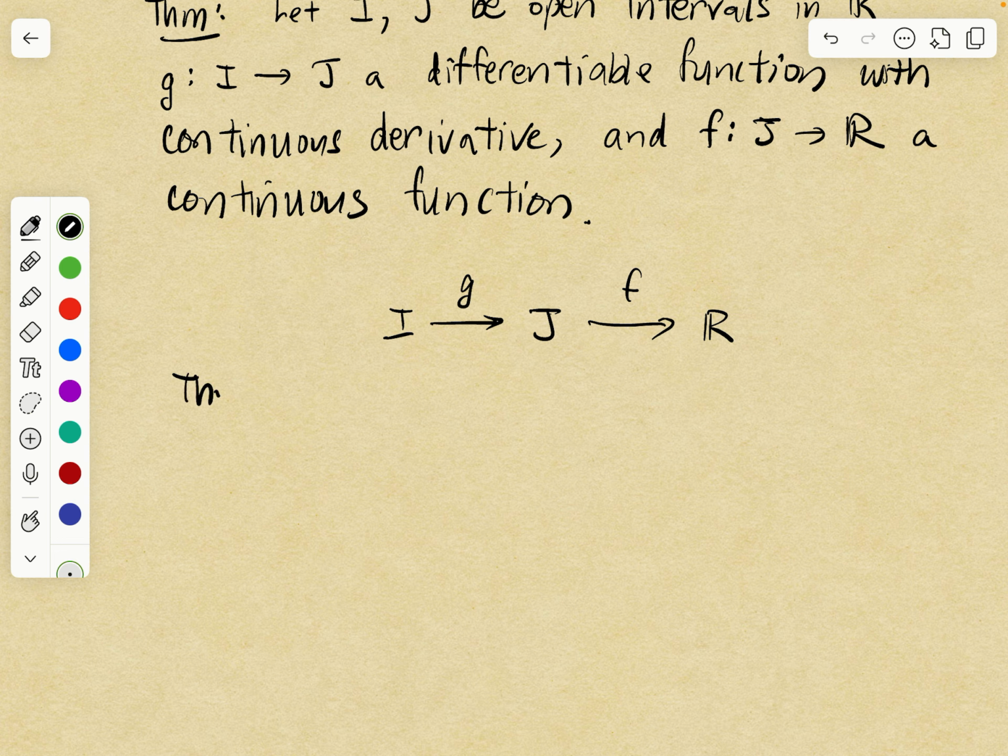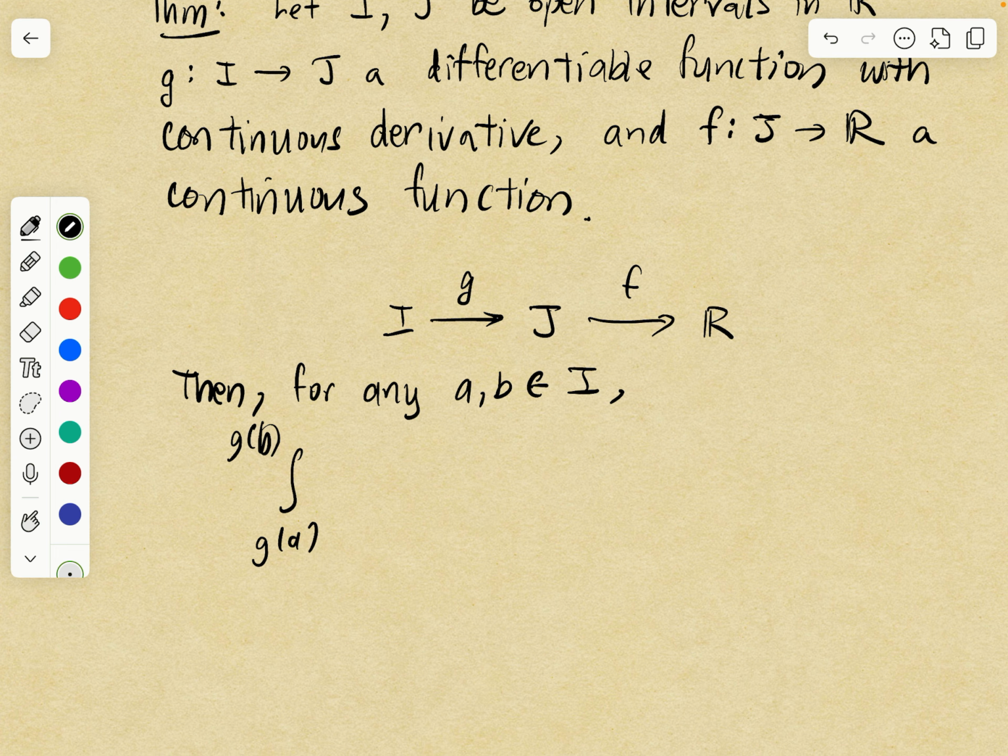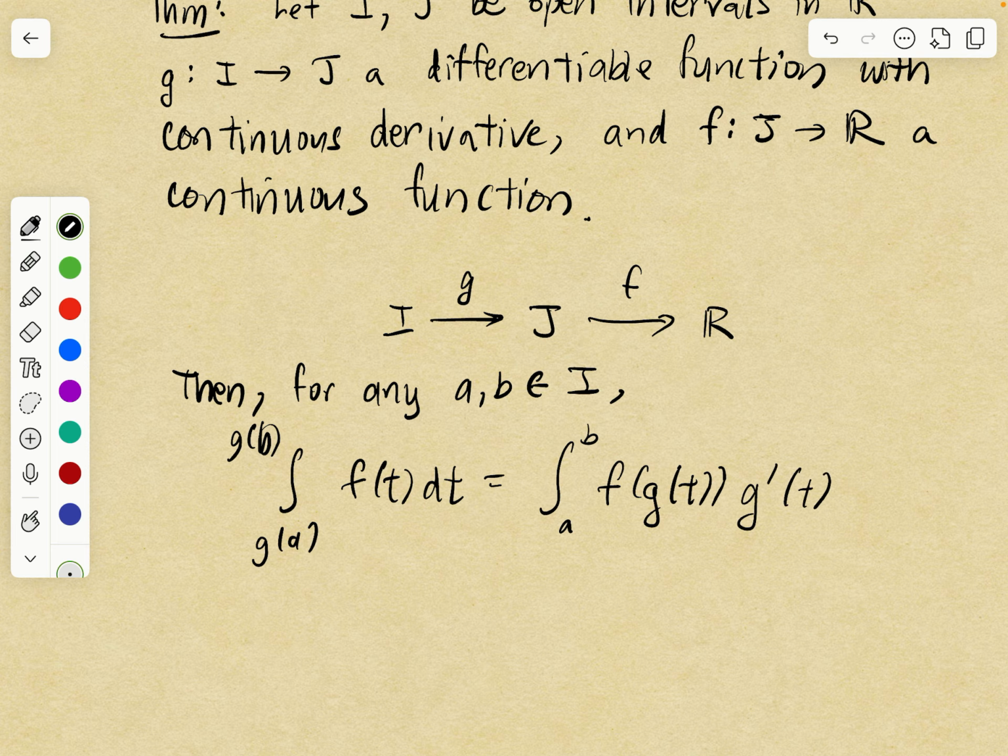Then for any a and b in I, the integral from g of a to g of b of f is the integral from a to b of f of g of t times g prime of t dt. So that's the theorem. Now let's prove it.